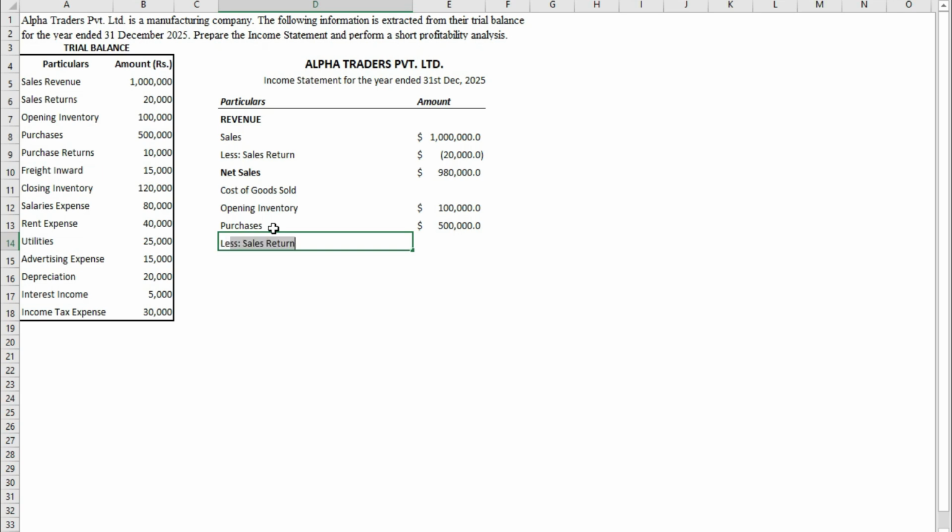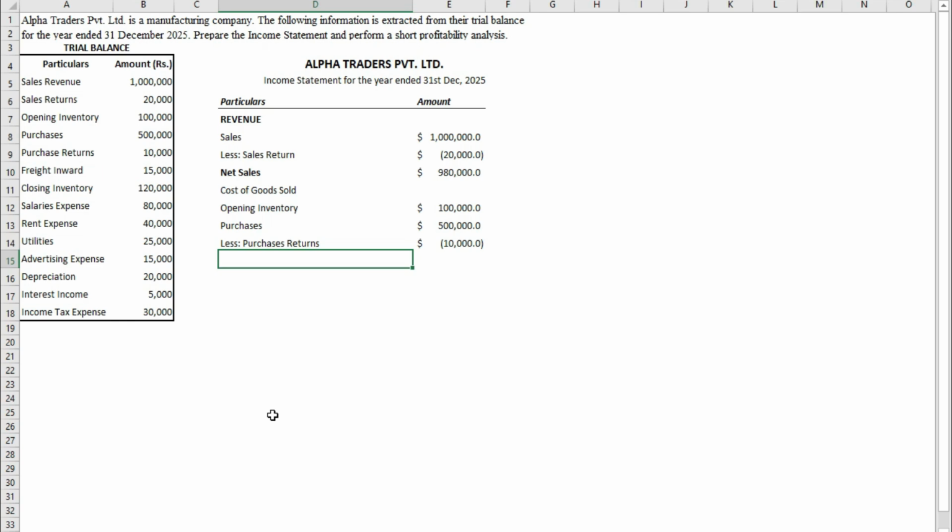So we will less the purchase returns, which would be minus 10,000. So you see there the brackets, these are the accounting fundamentals. That is why I select this column and turn it into the accounting format. So we have less the purchase returns.